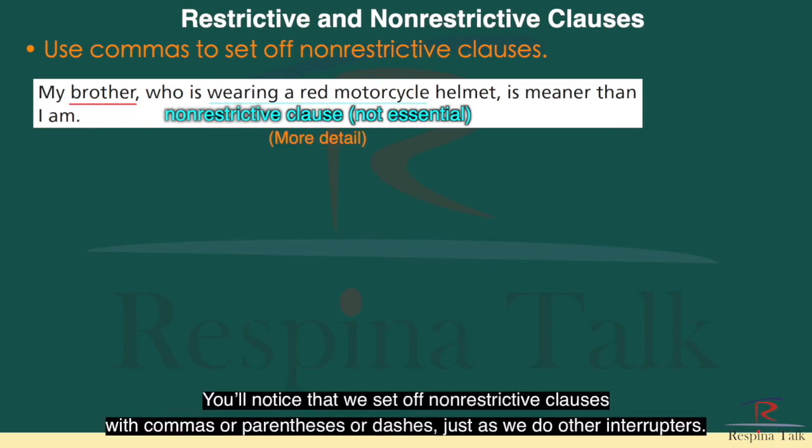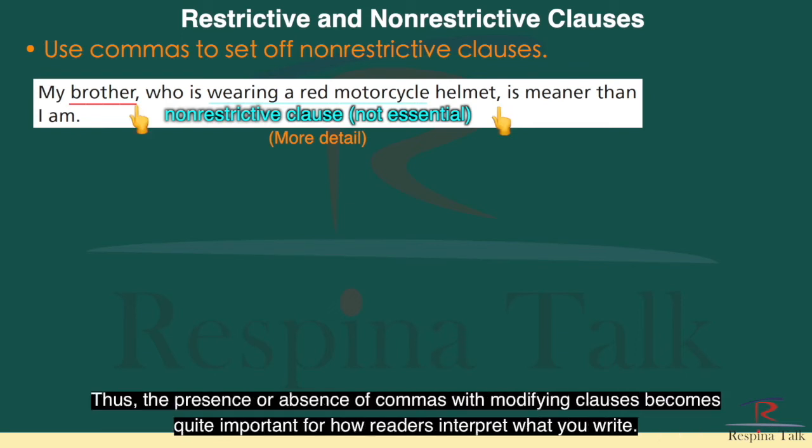You'll notice that we set off non-restrictive clauses with commas or parentheses or dashes, just as we do other interrupters. Thus, the presence or absence of commas with modifying clauses becomes quite important for how readers interpret what you write.